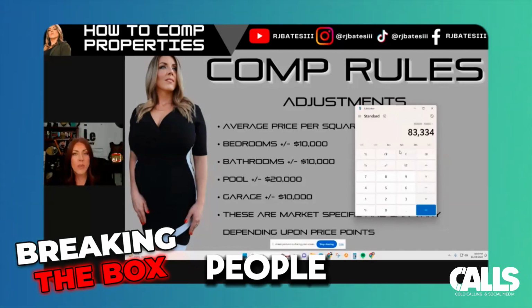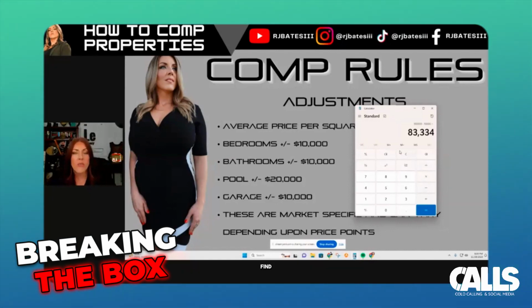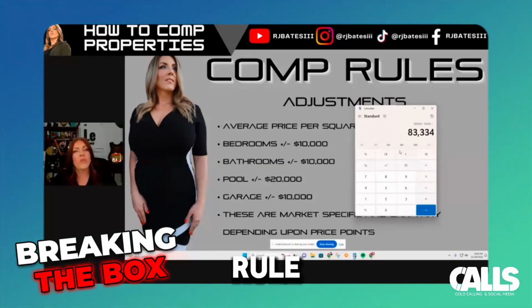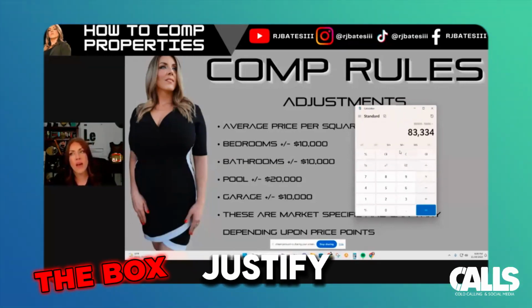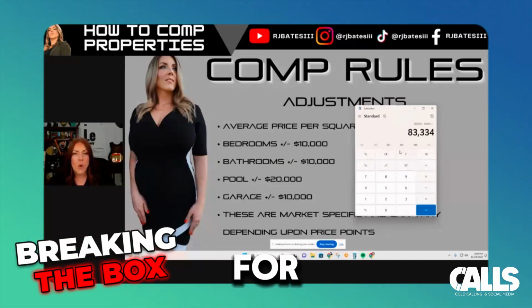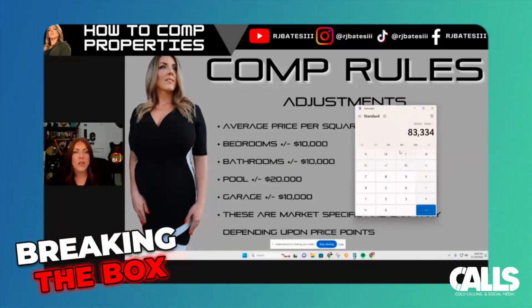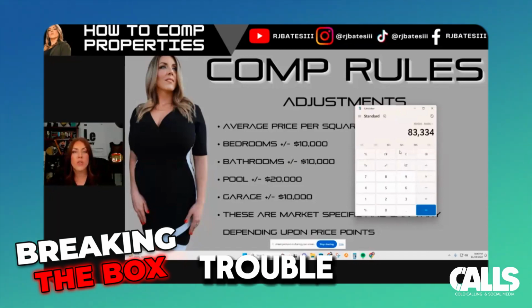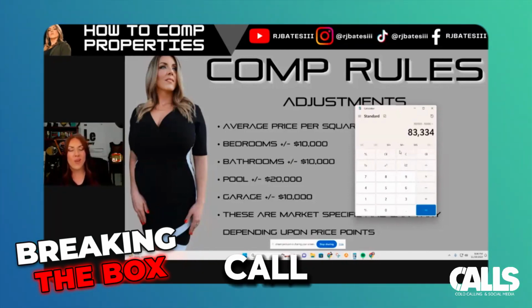And a lot of people make that mistake where they say, well, I couldn't find properties there, or they take this price per square foot rule and they use it to justify a higher price for their subject property. And where you usually run into trouble with that is when you have what we like to call big man on the block.